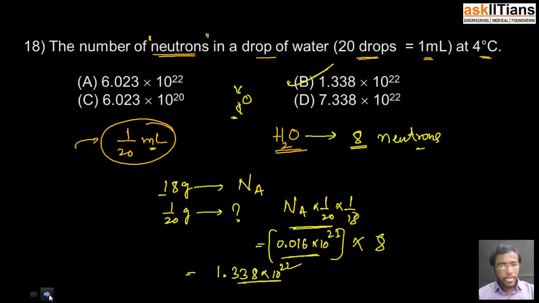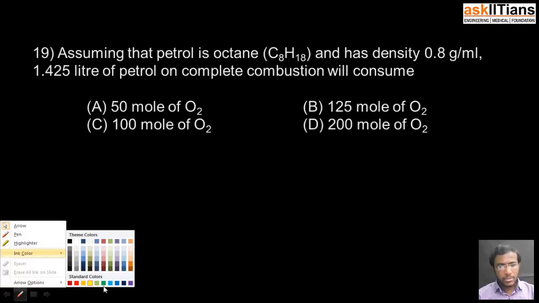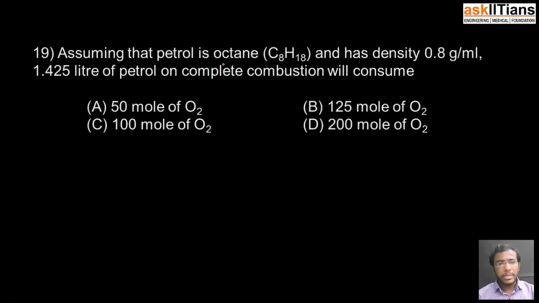Now let's go to the next question. Question number 19: assuming that petrol is octane C8H18 and has a density of 0.8 gram per ml, 1.425 litre of petrol on complete combustion will consume. This question is also based on combustion.